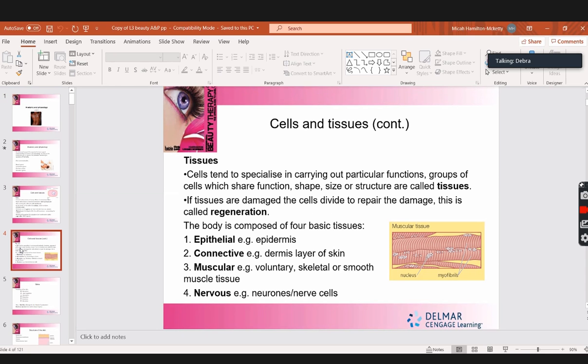We're going to move on to tissues. Cells tend to specialize in carrying out particular functions. Groups of cells which share function, shape, size, or structure are called tissues. As I say to students when I do this, when you walked in to the centre, you came by yourself. You came as a cell.